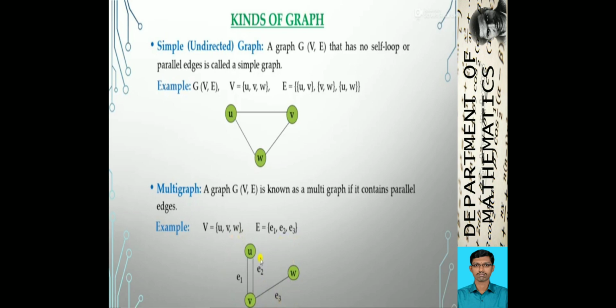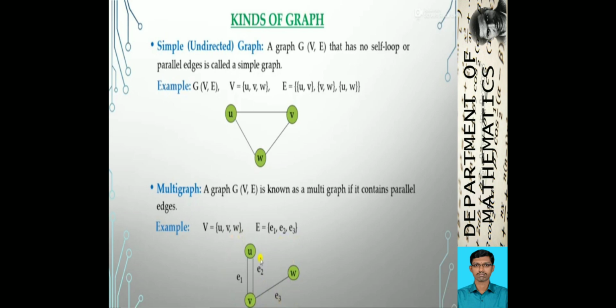So we construct the graph with three vertices U, V, W and edges UV, VW, UW. This type of graph is a simple graph. Here we have no self loop or parallel edges. This is called the simple graph.